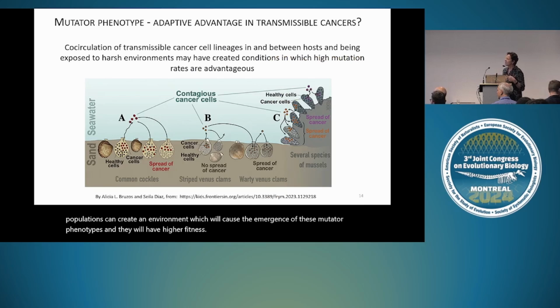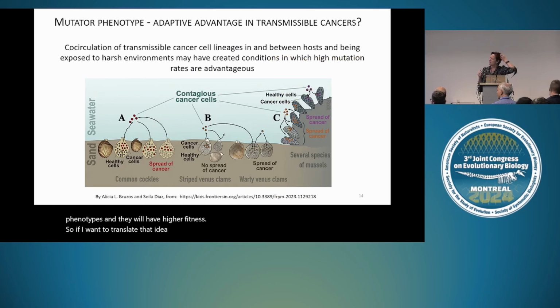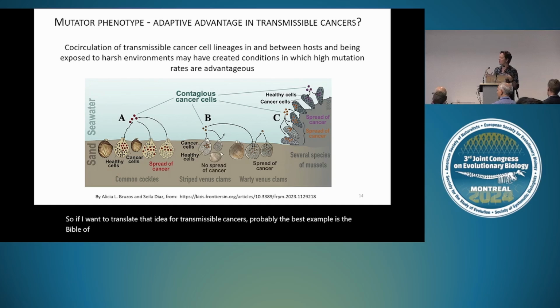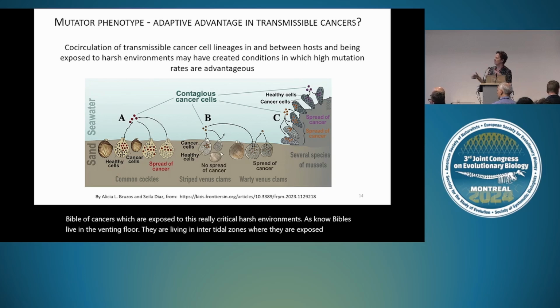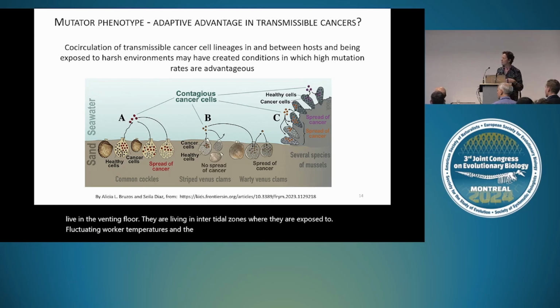So if I want to translate that idea to transmissible cancers, probably the best example is the bivalve cancers, which are exposed to really harsh environments. As you know, bivalves live on the benthic floor. They live in intertidal zones where they are exposed to fluctuating water temperatures, and the way these cancer cells spread is by mussels and cockles releasing the cells into the seawater.